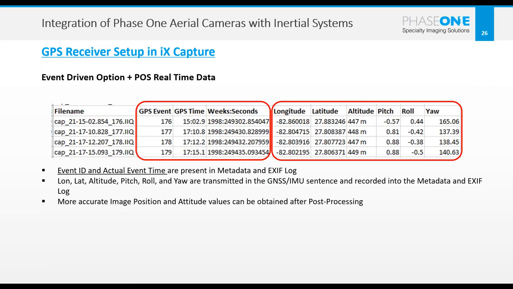And finally, among the event-driven options, some systems come with what is called a real-time option, which means it's a combination of the GPS event with actual GPS time, but also with longitude, latitude, altitude, pitch, roll, and yaw, coming from the aided inertial navigation solution.